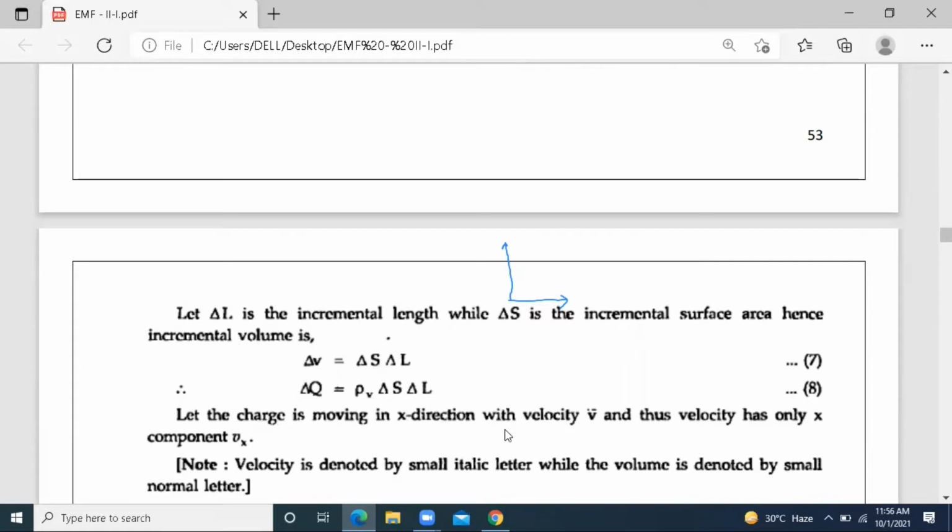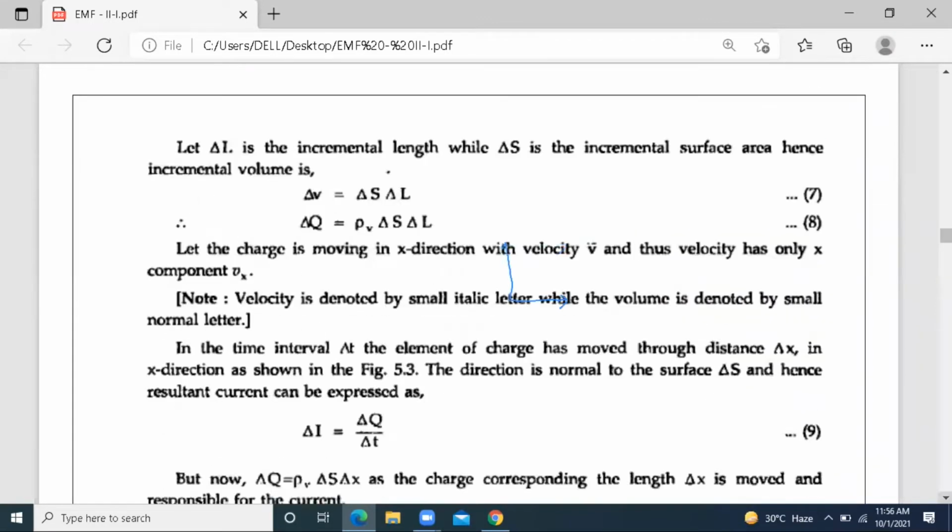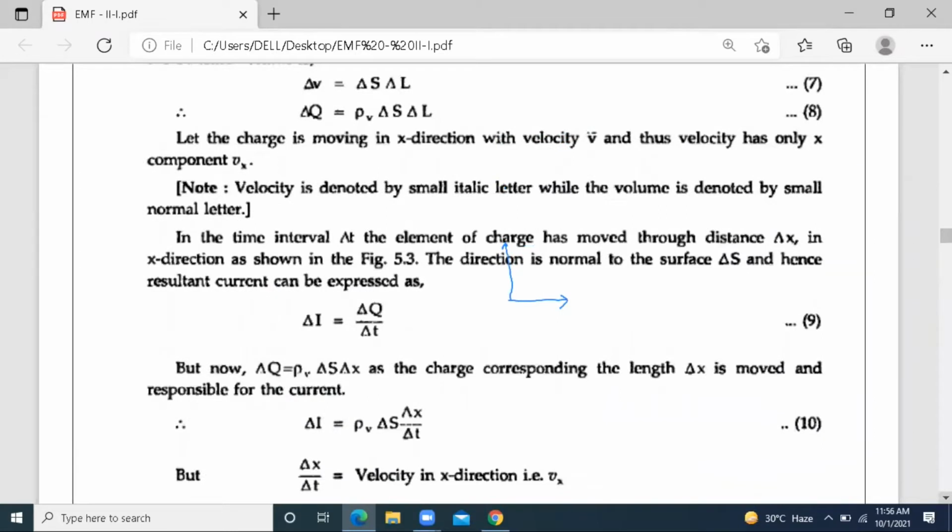So we are going to say the charge in the X direction, which is velocity, we're going to denote it Vx. Delta I is the rate of movement of charge.